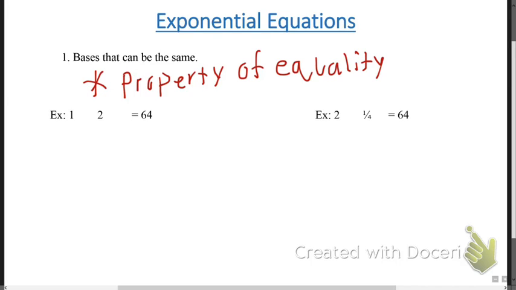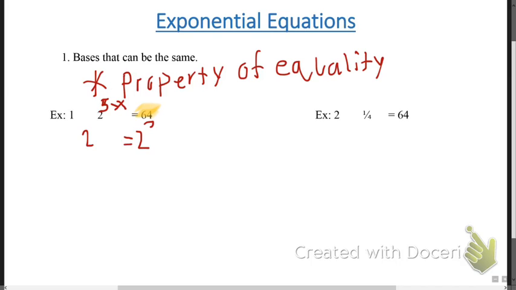Now, once you have learned the property of equality, you will be able to solve these problems. Our first example will be 2 to the 5 minus x equals 64. Now, 64 is equivalent to 2 to the power of 7, which we can transfer down into our second step.